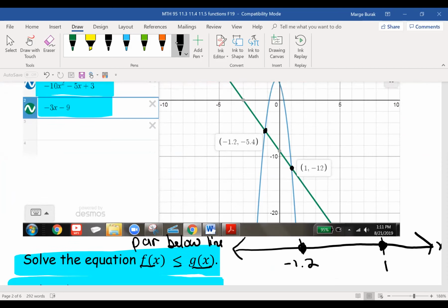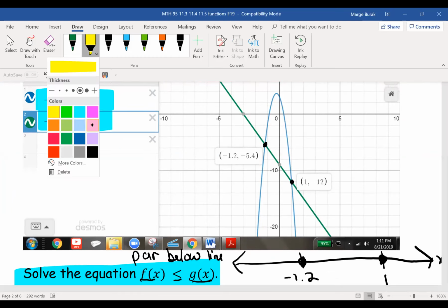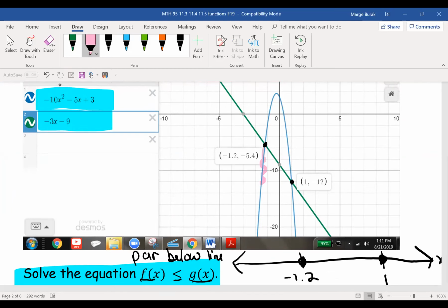And you can see that the parabola, I think I'll use a thin pink, really thin, right here and right here, the parabola is below. Well, we have to say the x-coordinates where it's below.